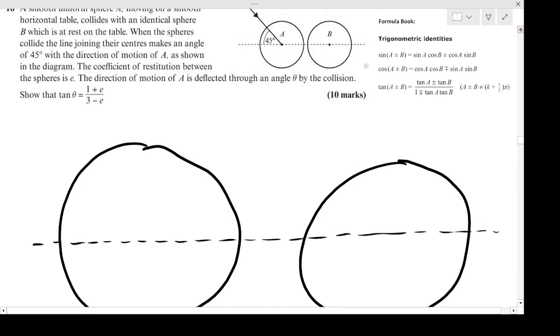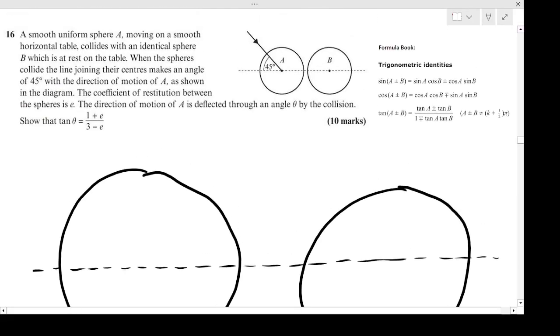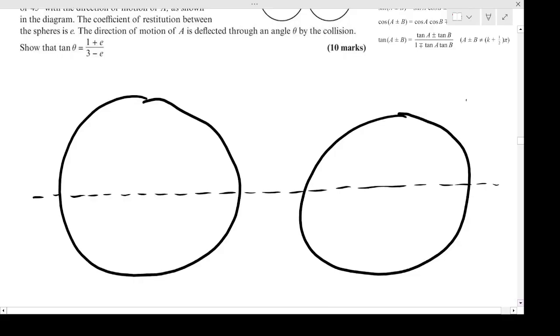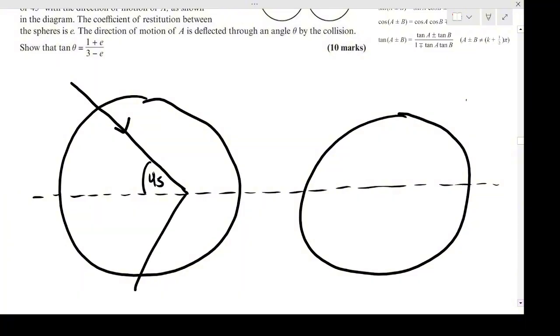Then for A, you can see it's going to attack the line of centres at an angle of 45 degrees. Then afterwards you can presume that it's going to rebound probably like that, the other way.